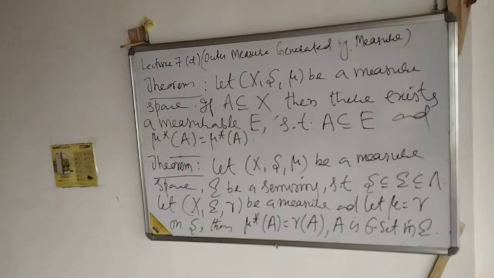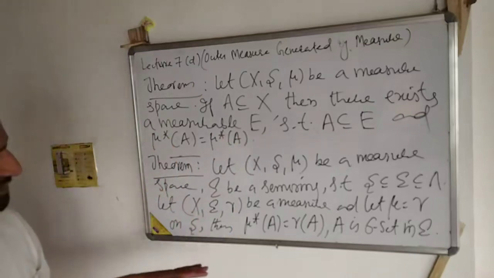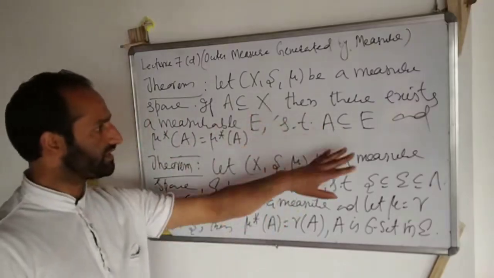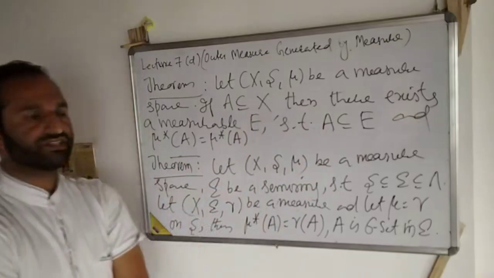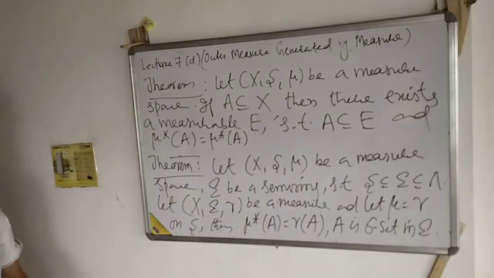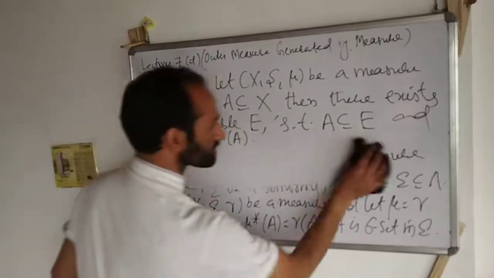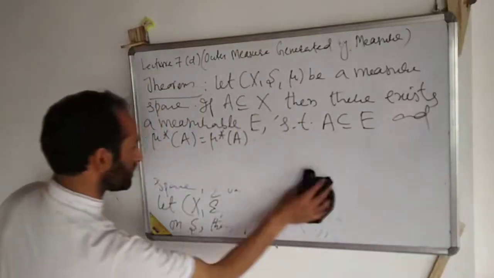For each subset A of X, we can always find a measurable set which covers A such that the outer measures of both sets are the same.